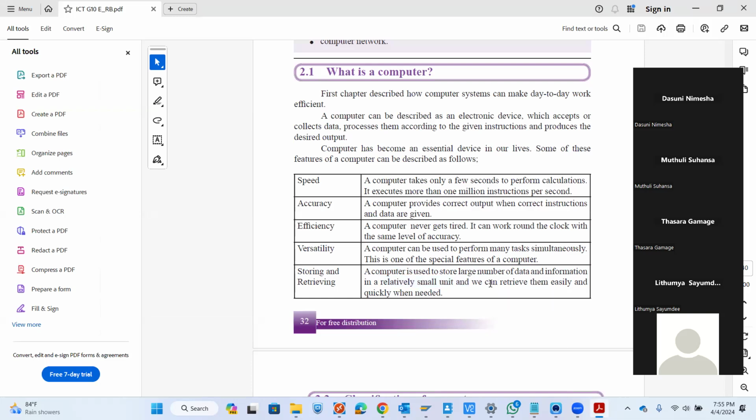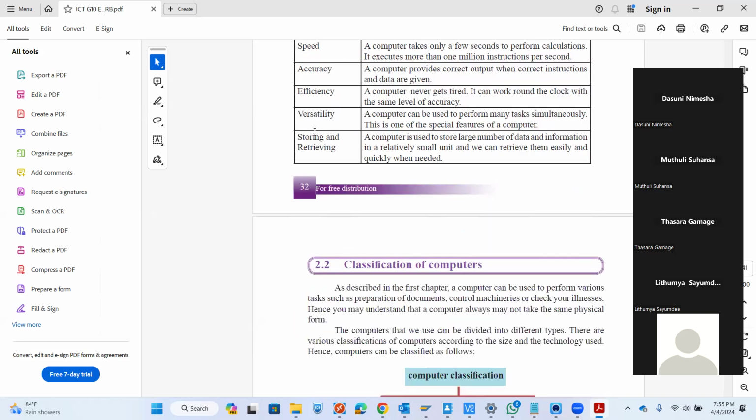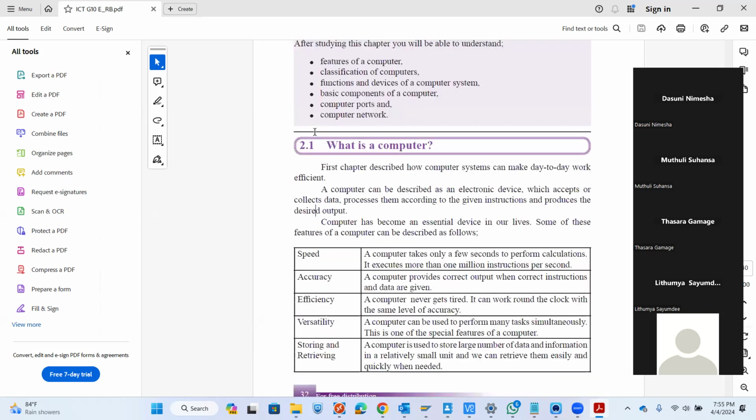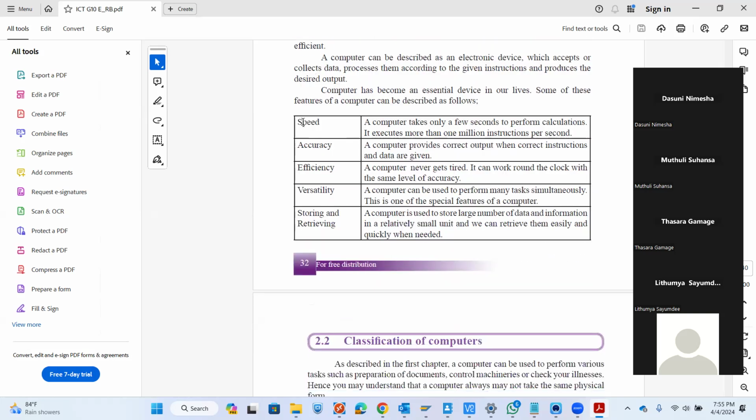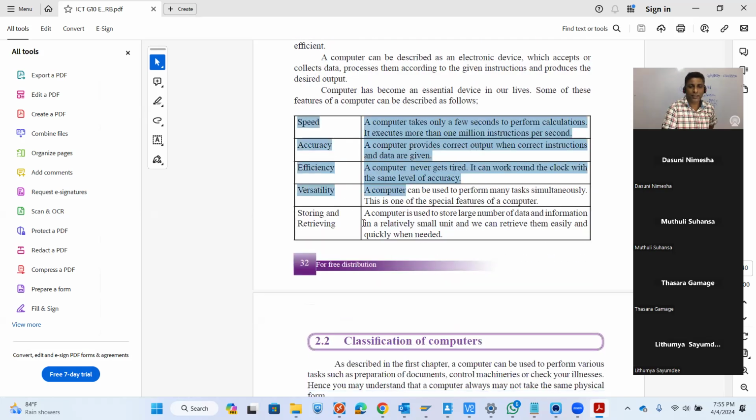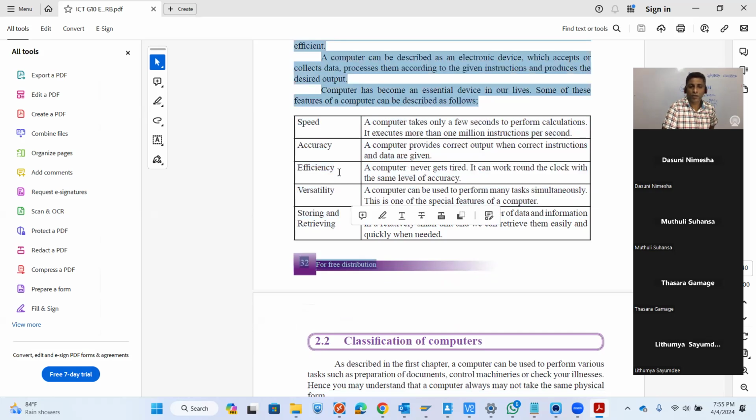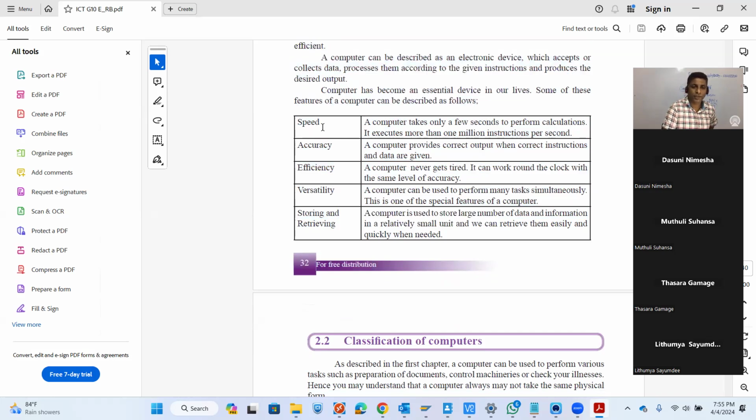That means we can open that file using capable software and retrieve them easily and quickly when needed. Now, is it clear to you all the features? You should be able to explain speed, accuracy, efficiency, versatility, and storing and retrieving, nicely with examples.